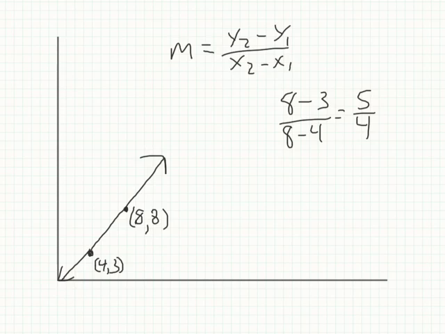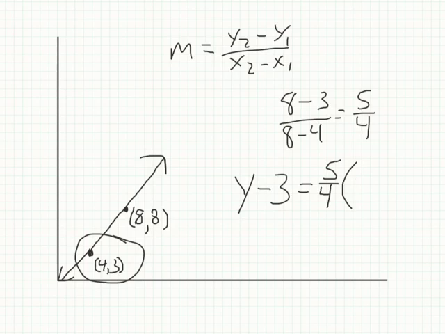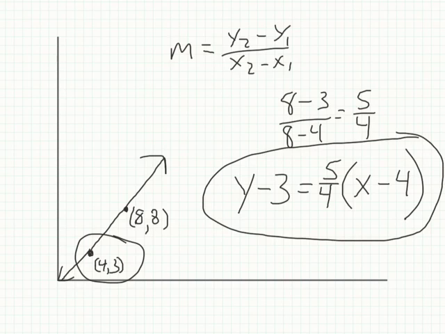So let's go ahead and pick this point down here. So we would have y minus 3 equals 5 over 4 times x minus 4. And now we have successfully created an equation using the point slope form by taking 2 coordinates, finding the slope, and then plugging in one of the point's coordinates.